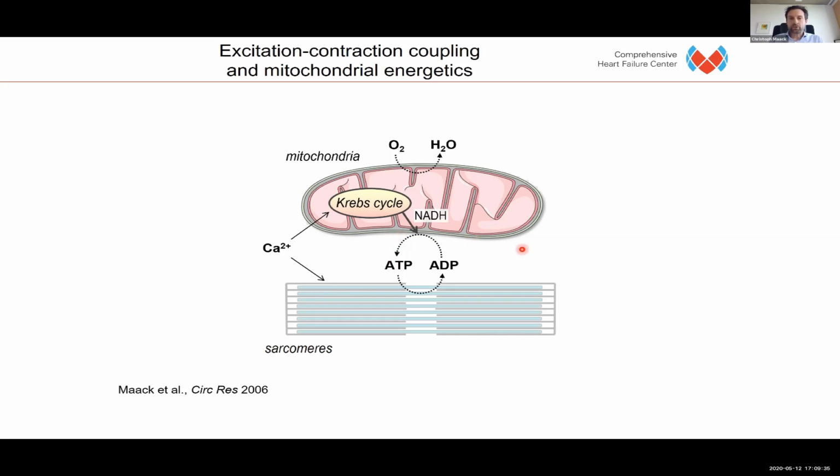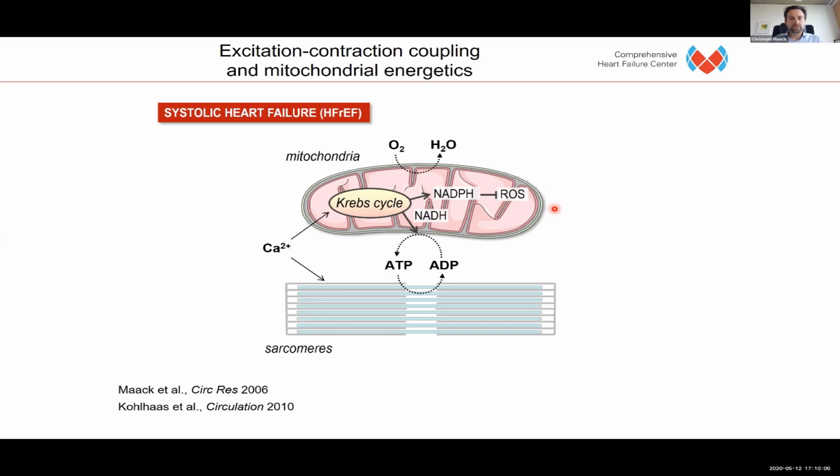But another important product of the Krebs cycle is NADPH. And NADPH's purpose is mostly to regenerate the antioxidative systems such as glutathione peroxidase or peroxiredoxin, which play an important role in detoxifying reactive oxygen species, or more specifically, hydrogen peroxide.